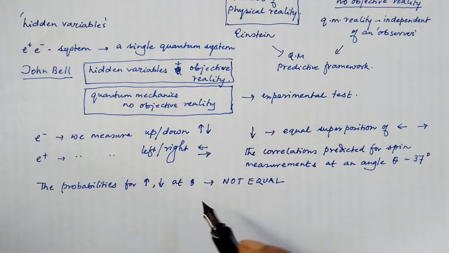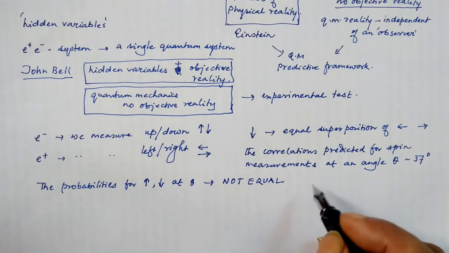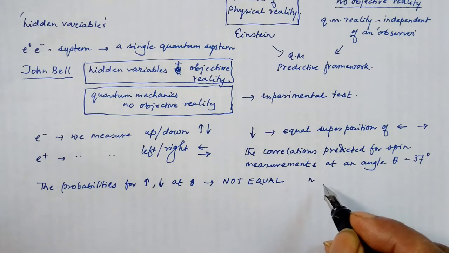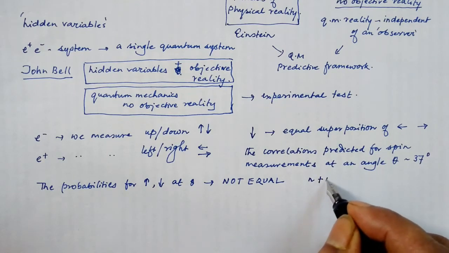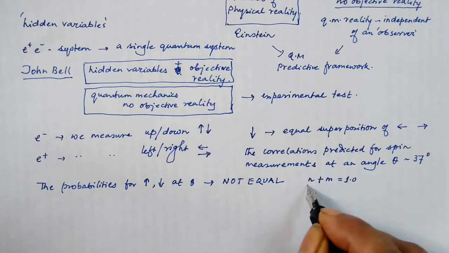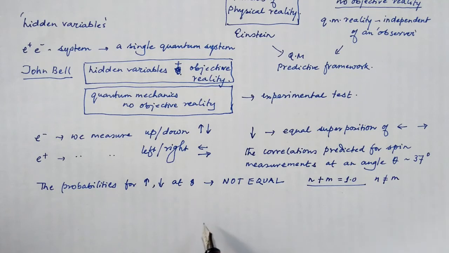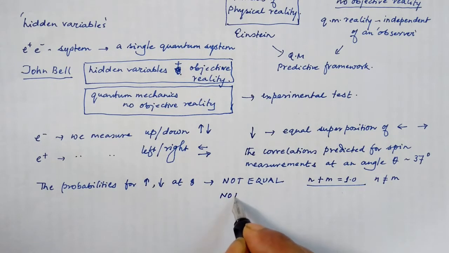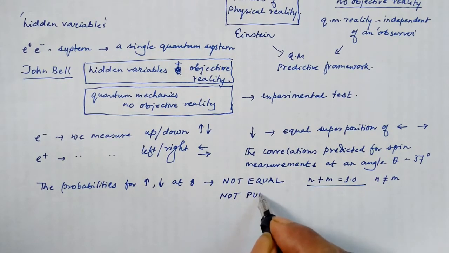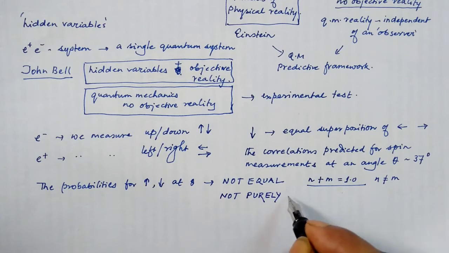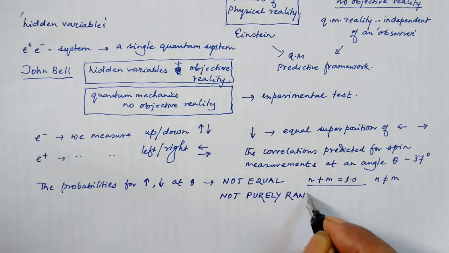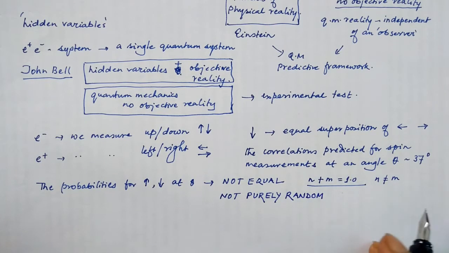Say, for example, the up has a probability n1 and the down has a probability n2. So n1 plus n2 is 1, of course, but n1 is not equal to n2.